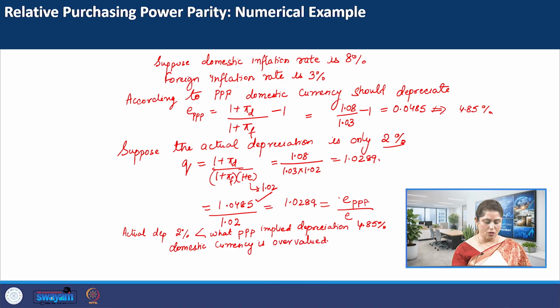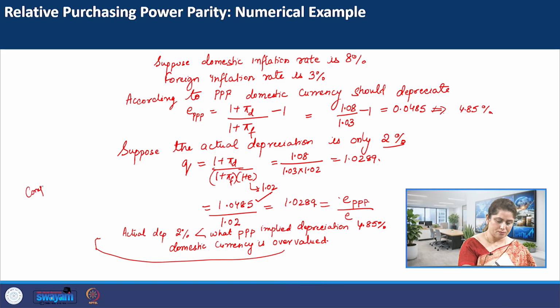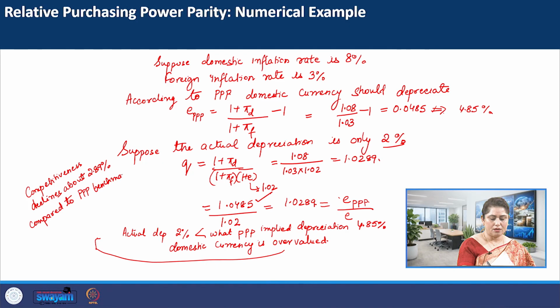When we say it is overvalued, what we are saying is that competitiveness declines by about 2.89% compared to the PPP benchmark. How did we get this 2.89%? This is the value of Q.